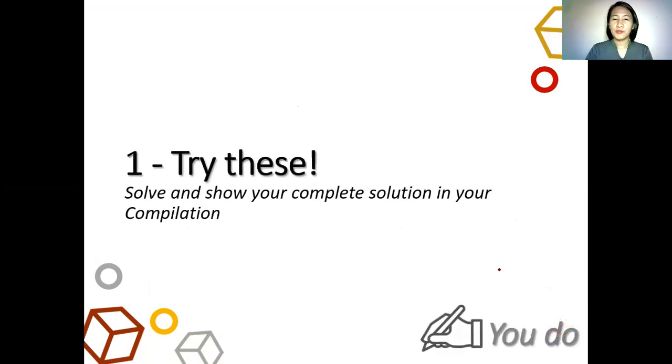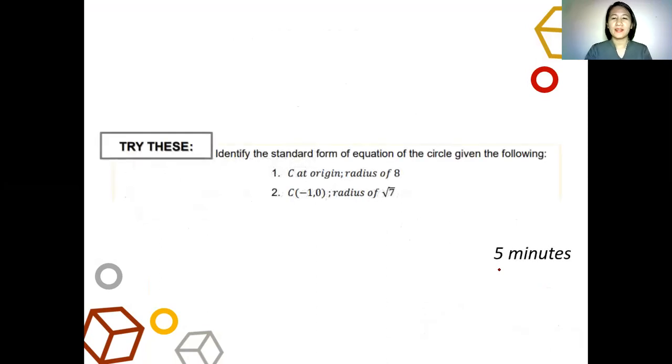Now, I want you to try this on your own. This time, I would like you to place your answer in the compilation of formative assessment. You're going to submit this as indicated in the orange apps that I'll be posting after this video. So try this: identify the standard form of the equation of the circle given the following.